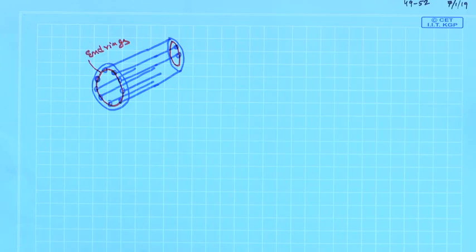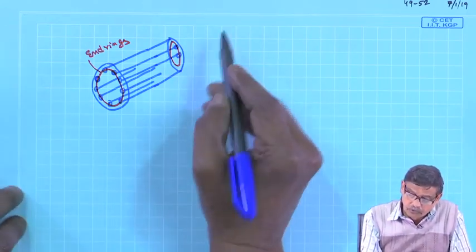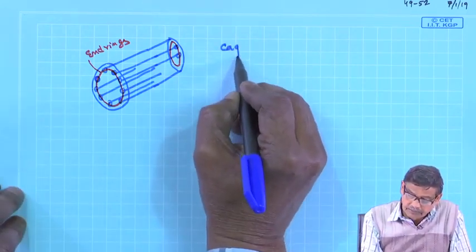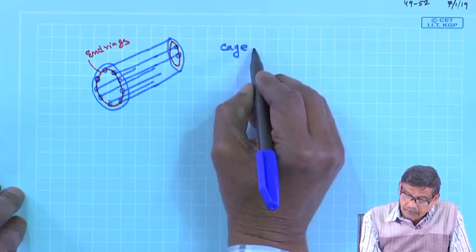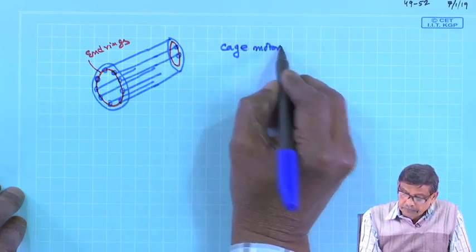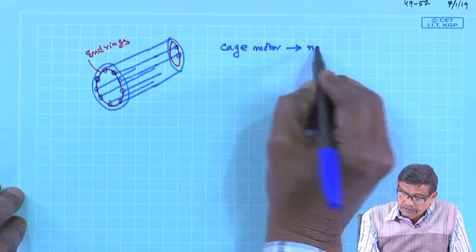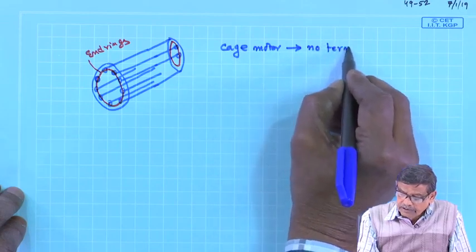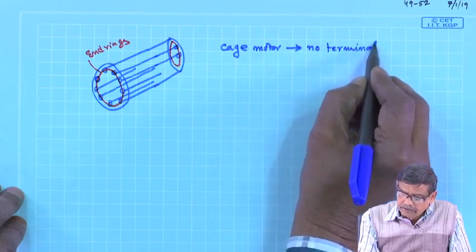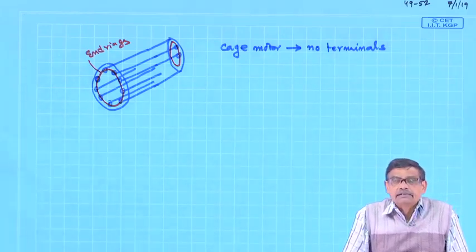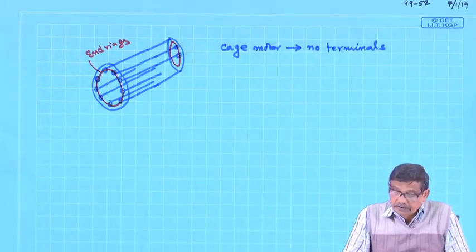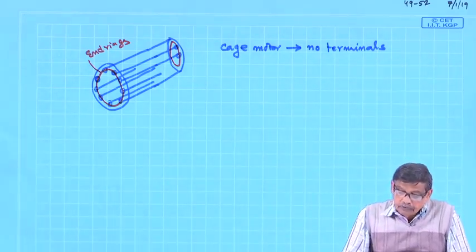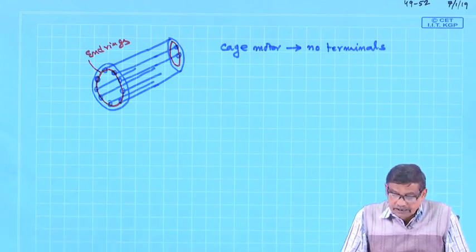Therefore, in the cage type induction motor, no rotor terminals are available. Cage motors, no rotor terminals, so you will not be able to connect any external resistance to improve starting torque, etc. No slip ring, no brush like that.